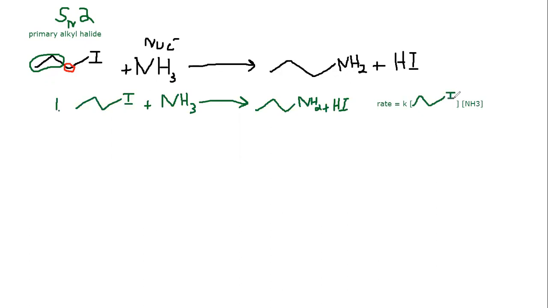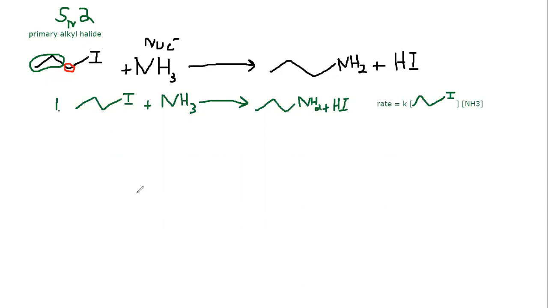And so this is the mechanism for this reaction, and this is the rate law. Again, it's a bimolecular step, so both reactants are included in the rate law. Also note that there is no reaction intermediate in this mechanism.